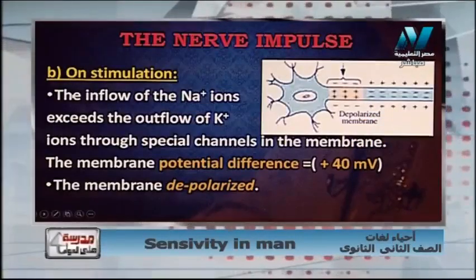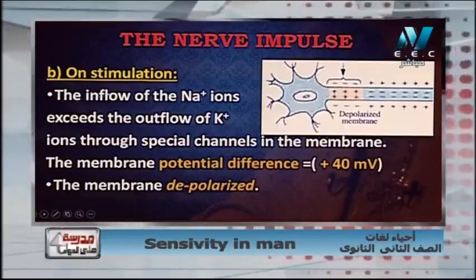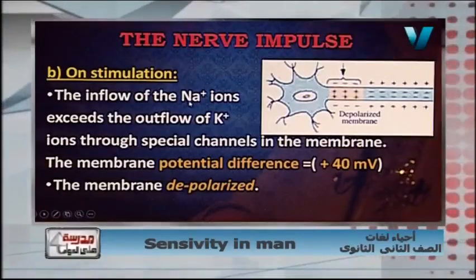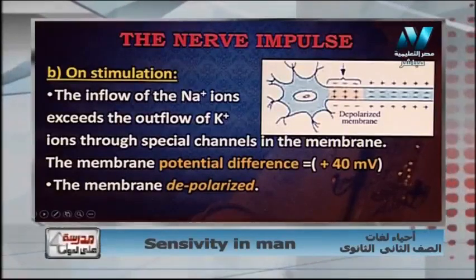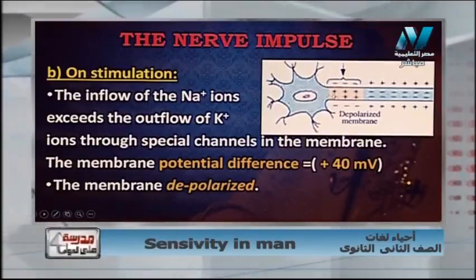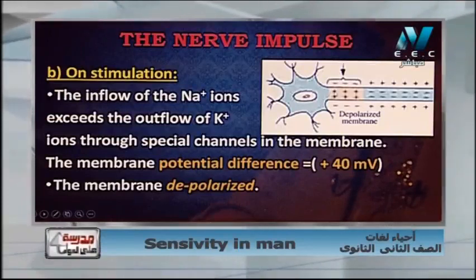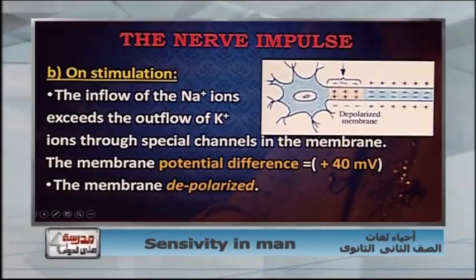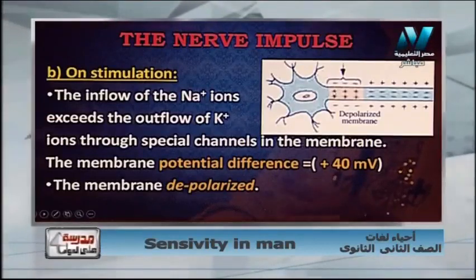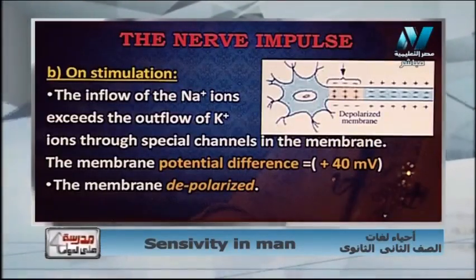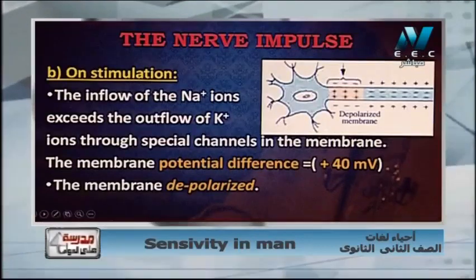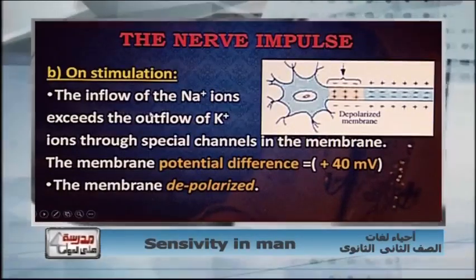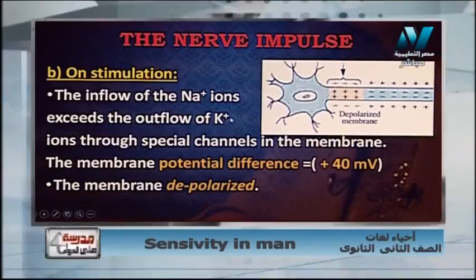So the sodium ions enter the cell, and the negative ions of chlorine and proteins go outside. So the charges are reversed. The inflow of the sodium ions exceeds the outflow of potassium.